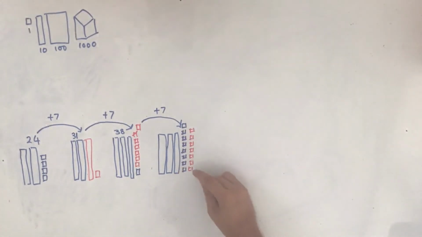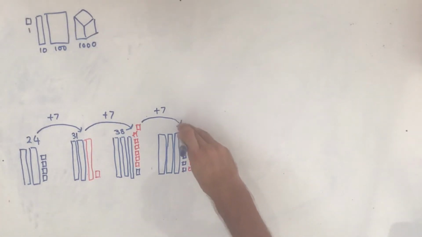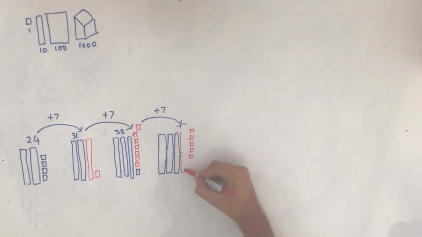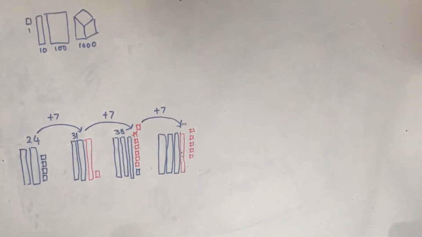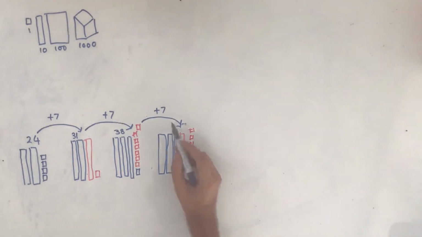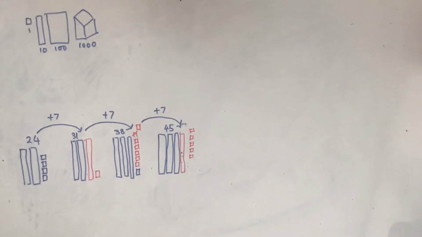So I've got 8 there, 9, 10. So let's erase that 10. And let's count to see how many we've got in the sequence. 10, 20, 30, 40, 41, 42, 43, 44, and 45. So you can see here I've got a small sequence from 24, counting in 7s up to 45 in a pictorial way.